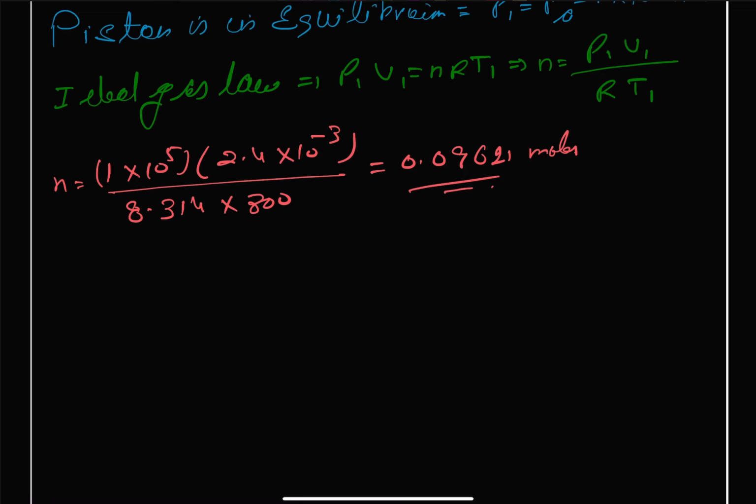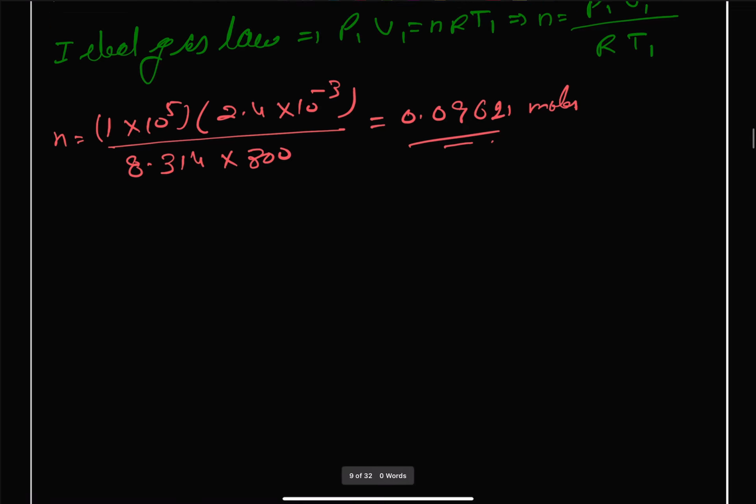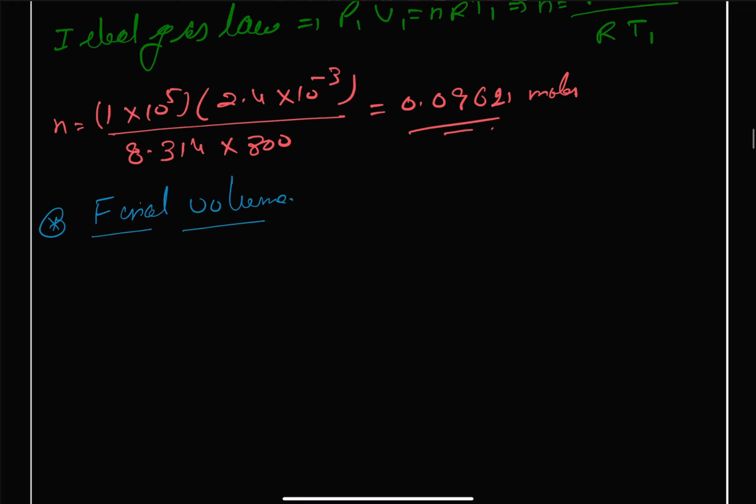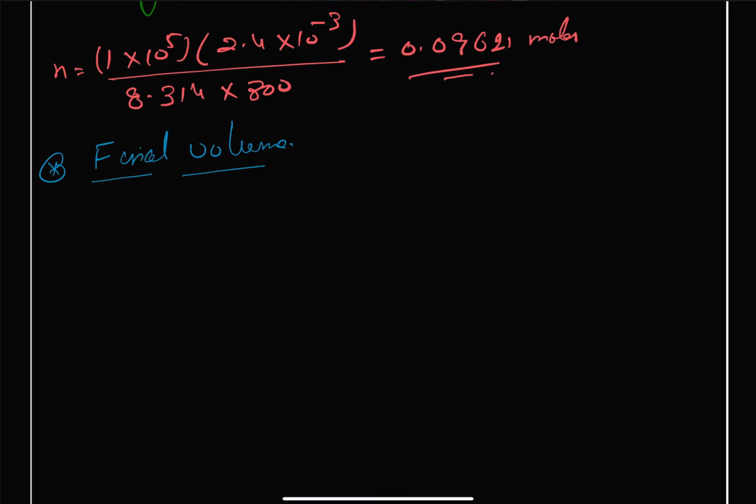Now we can find out the final volume, because with the displacement delta x, the volume is going to change. So we can say the final volume... First of all, let me draw an initial picture.